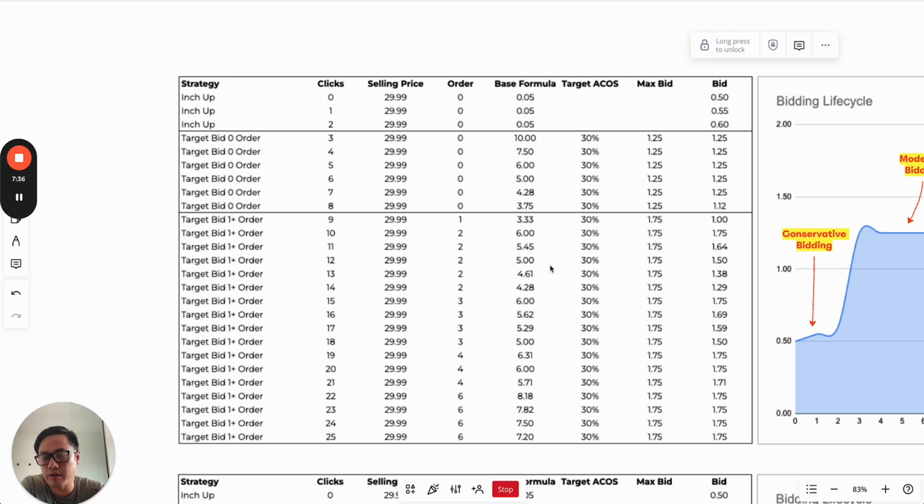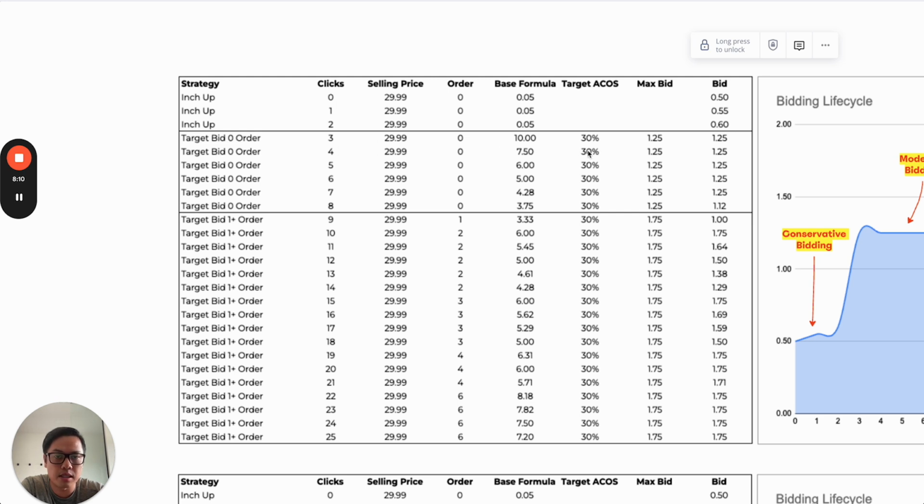So here's just a theoretical example. We have the strategy here. We have the clicks, selling price, orders. We have the base formula, which is basically revenue per click: selling price multiplied by orders divided by clicks, which will then give you your bid here.